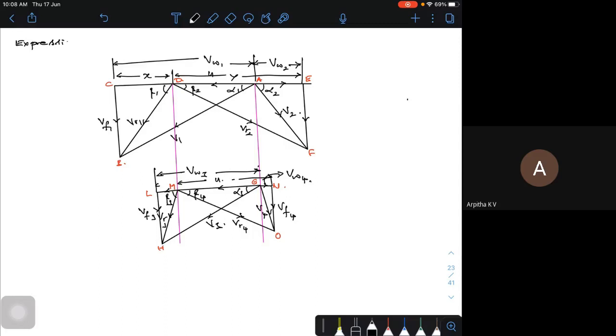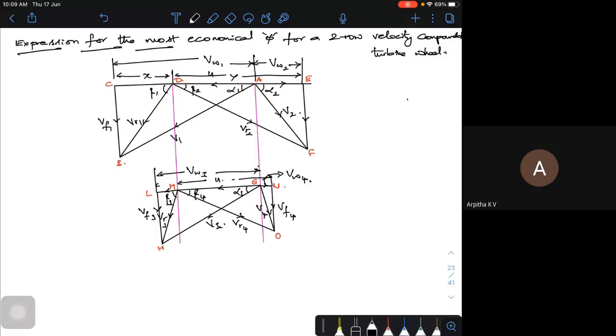Expression for the most economical, that is optimal, value of phi for a two-row velocity compounded turbine wheel. So this is maybe a subtopic we'll try to look at.